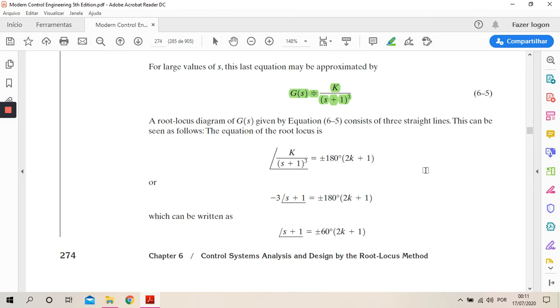A Routh locus diagram of G of s given by equation 6-5, this equation highlighted here, consists of three straight lines. This can be seen as follows.